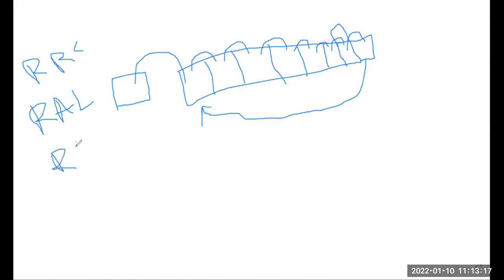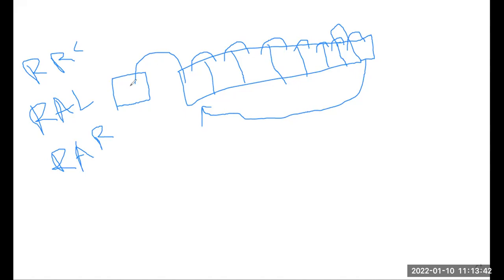And for RAR, that is rotate accumulator right through carry, what will happen here? The rotation will happen, and here also we will consider the carry.